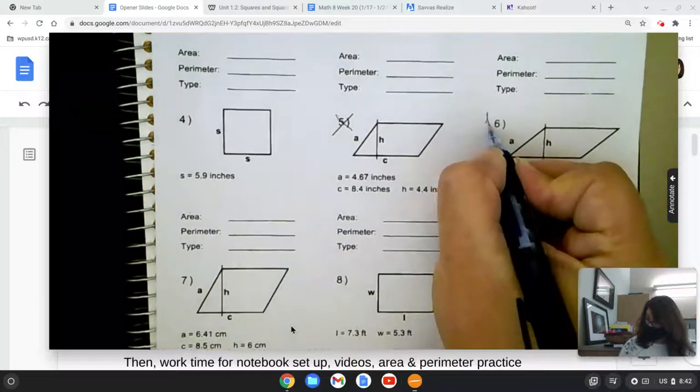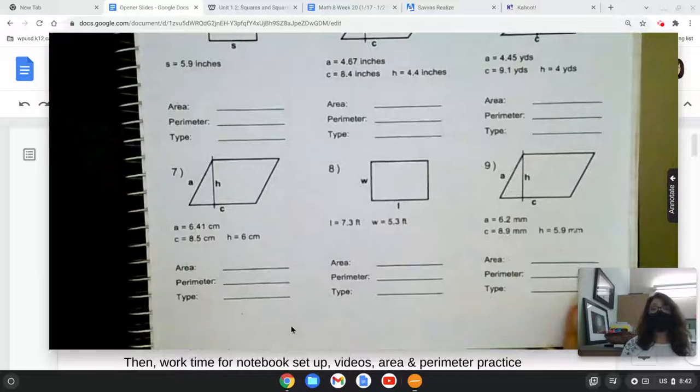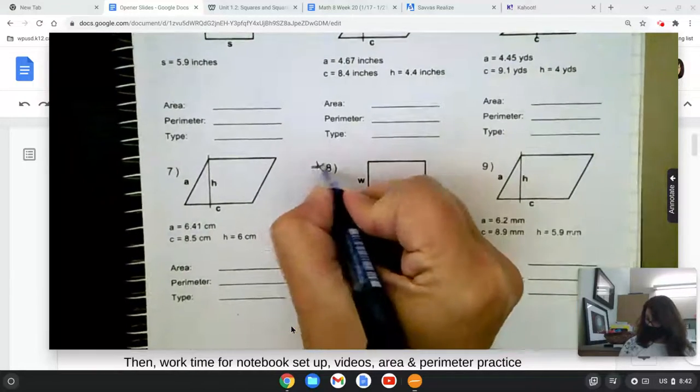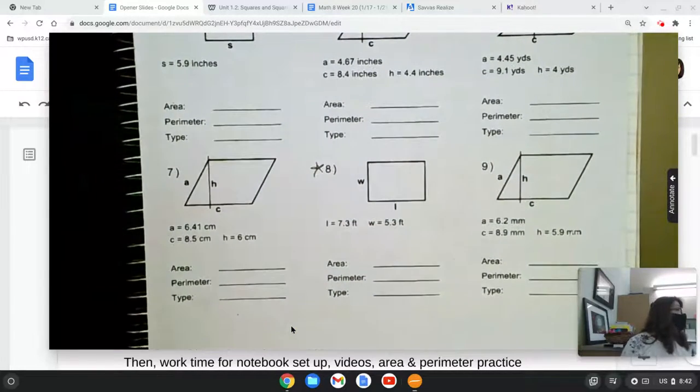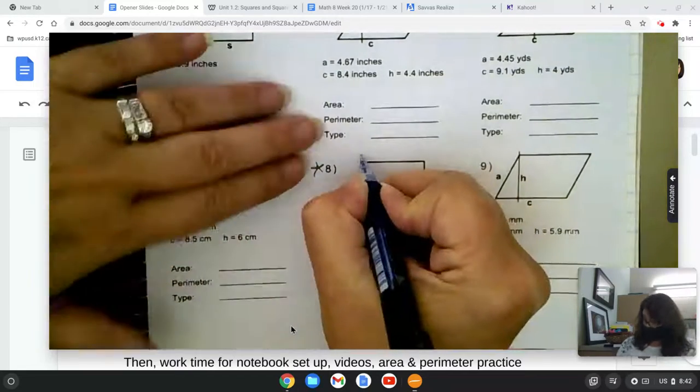I want you to do number 6. Okay. And I want you to do number 8. On number 8, look at me carefully. You're going to answer a question either on your work paper or on the back of your paper.